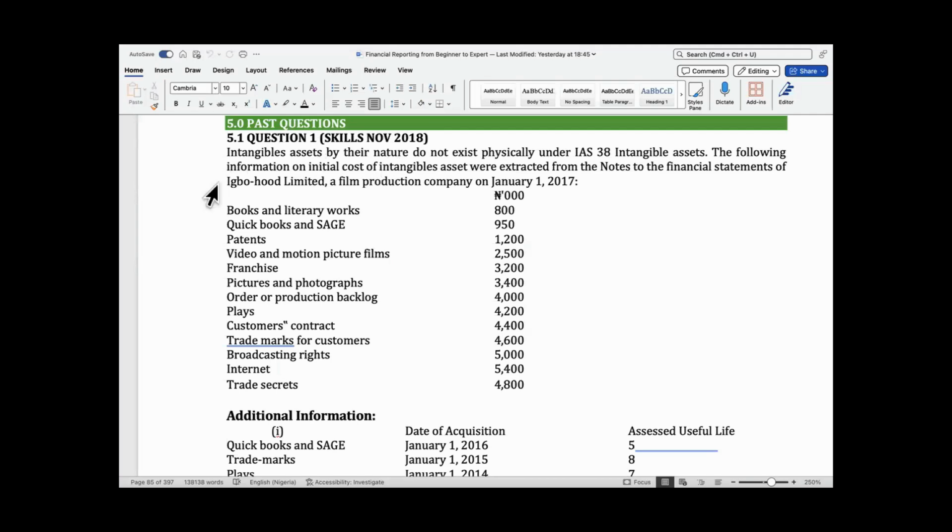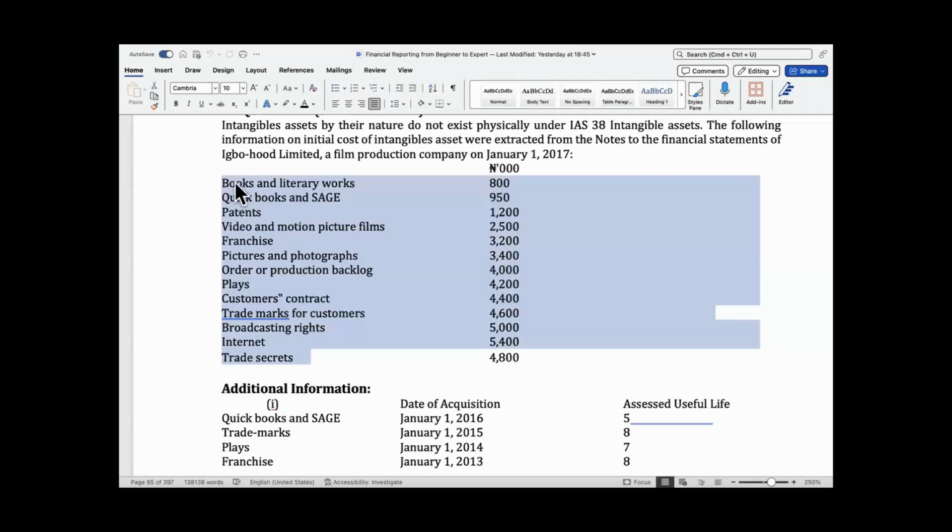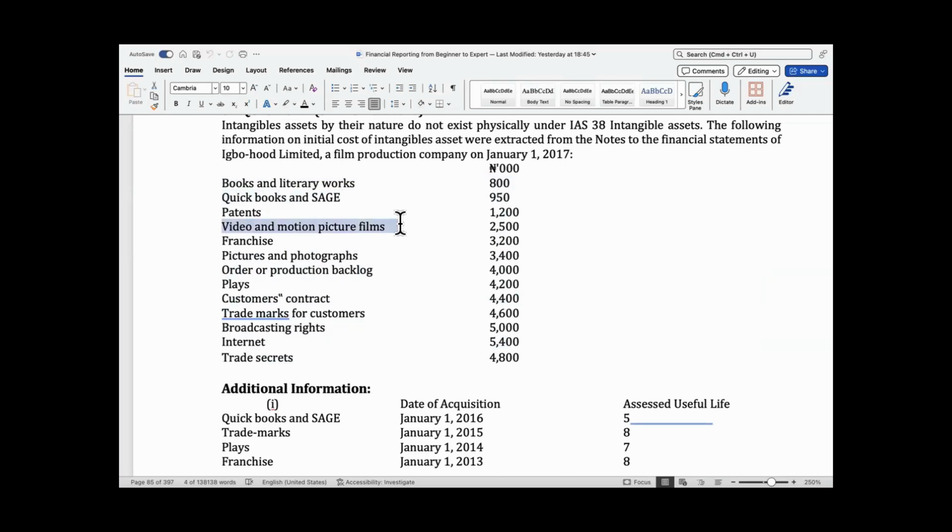One useful thing about this question is that it gives you a lot of intangible assets, a lot of examples: books and literary works, QuickBooks, which is that accounting software, patents, video and motion films, franchise, pictures and photographs, customer order or production backlog, plays, customer contracts, trademarks, broadcasting rights, internet, trade secrets.